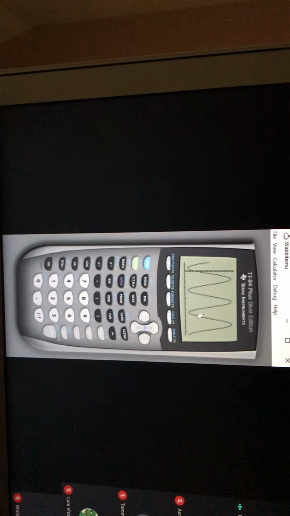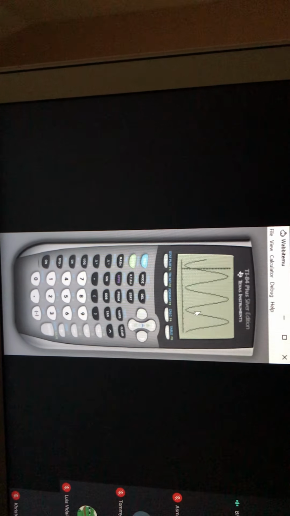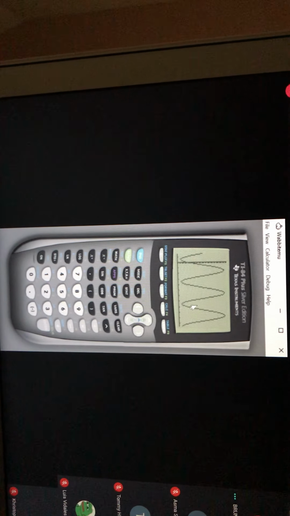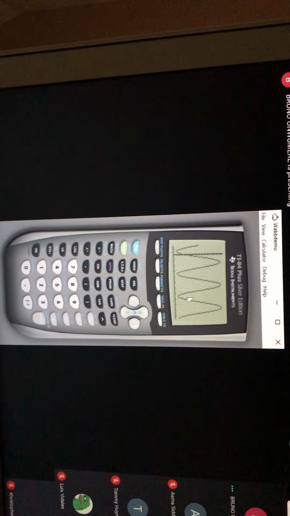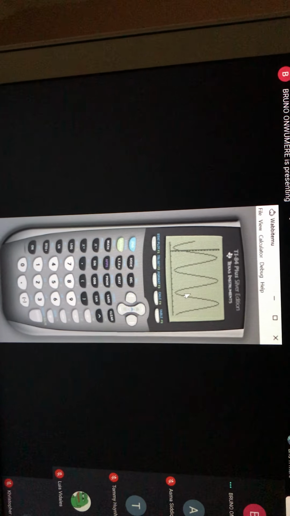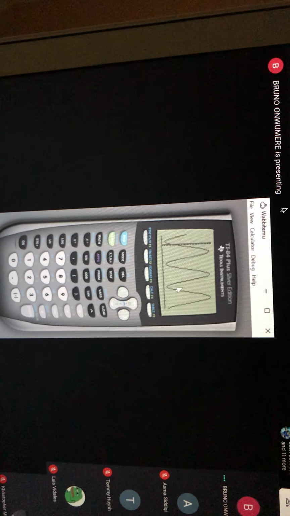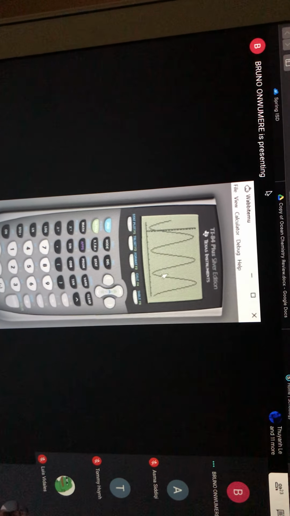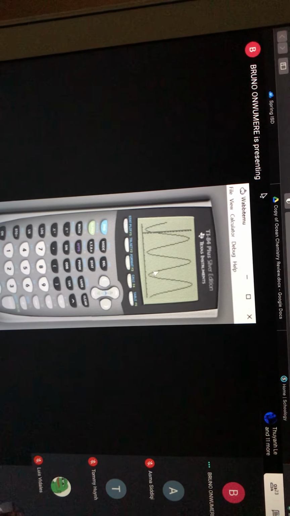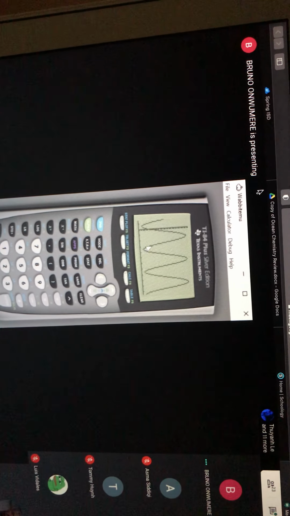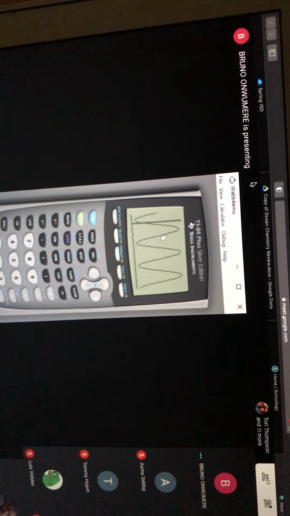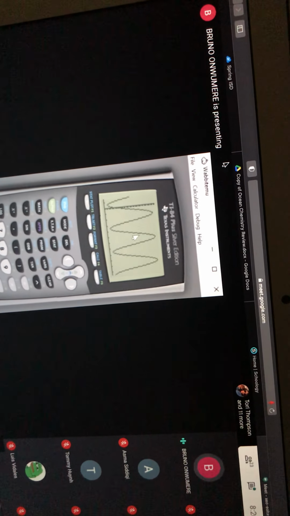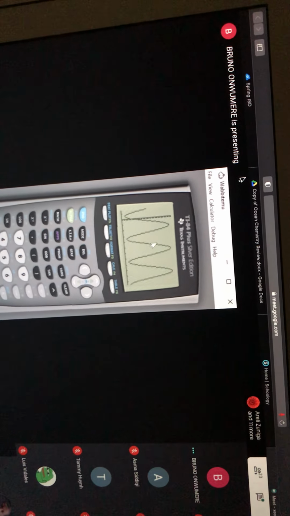The D question says, predict your height above the ground when T is equal to 6. Now watch carefully. You go to your calculator, the one on the screen. Everybody can see the two calculators.